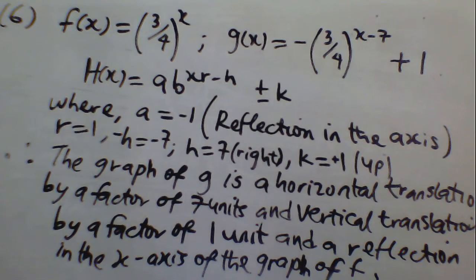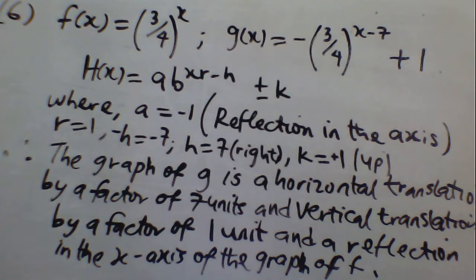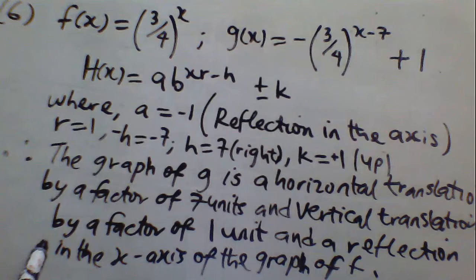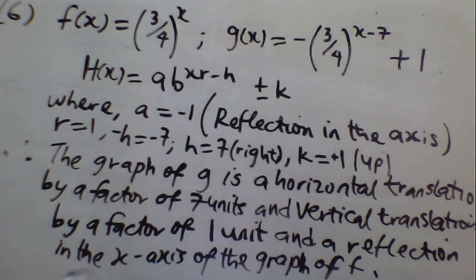So this is what we are required to describe. The graph of g is a horizontal translation by a factor of 7 units, a vertical translation by a factor of 1 unit, and a reflection in the x-axis of the graph of f.